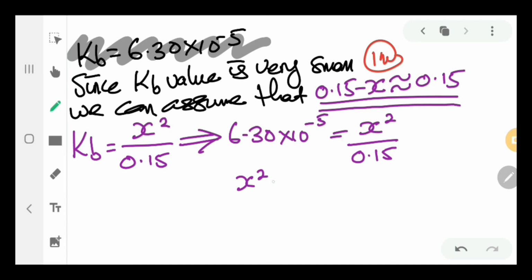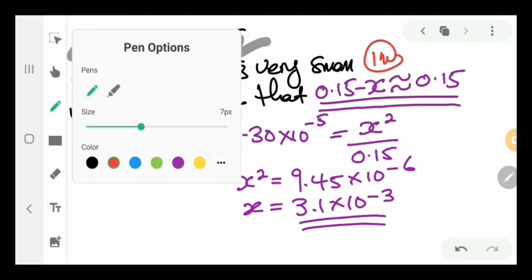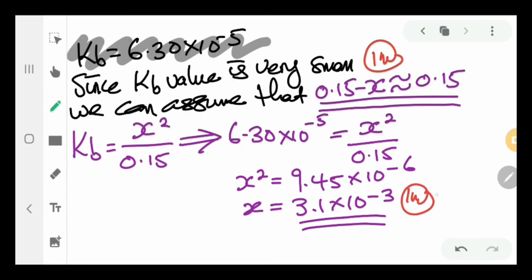So X squared would be 9.45 times 10 to the power of negative 6. X therefore is 3.1 times 10 to the power of negative 3. By doing this, you'll get another 1 mark.